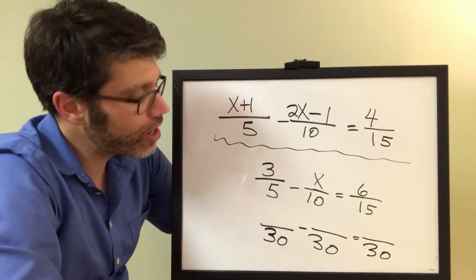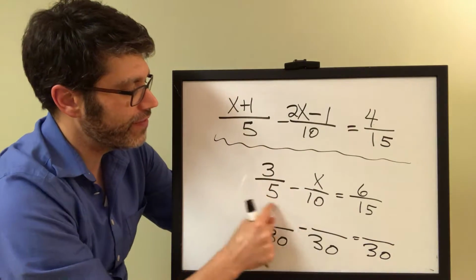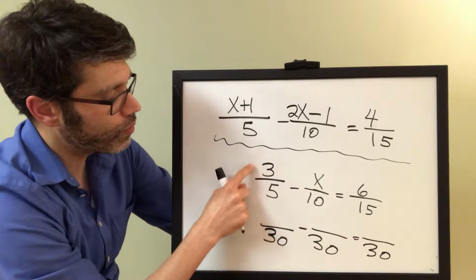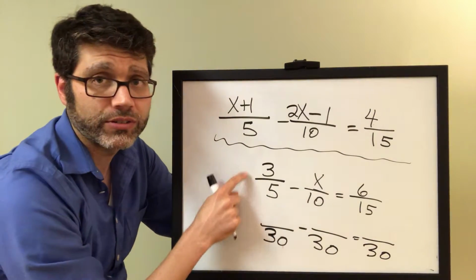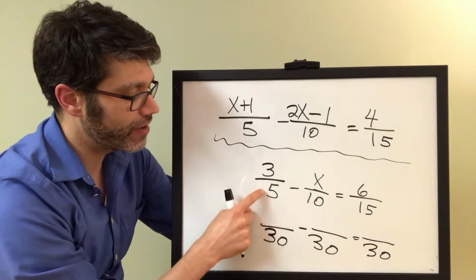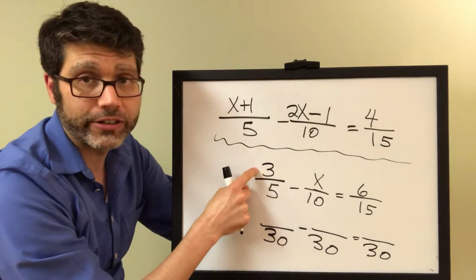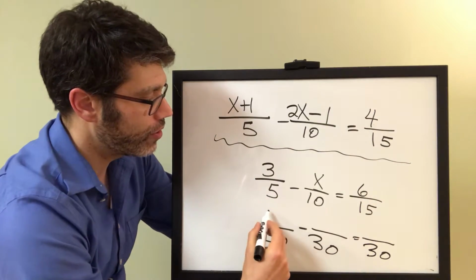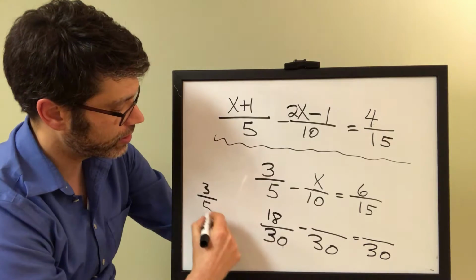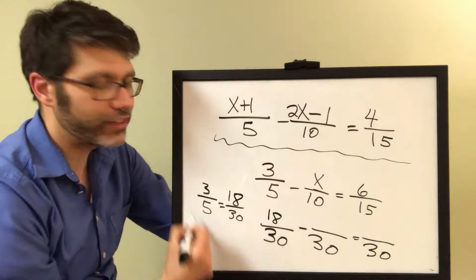So in that case, we're going to have to look at each one of these fractions individually. If I want to represent 3/5 with a denominator of 30, how did I get from 5 to 30? I need to multiply by 6, so the numerator needs to be multiplied by 6. 3 times 6 is 18, meaning 3/5 and 18/30 are equivalent fractions.